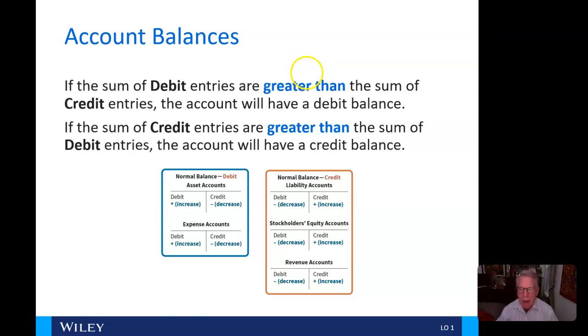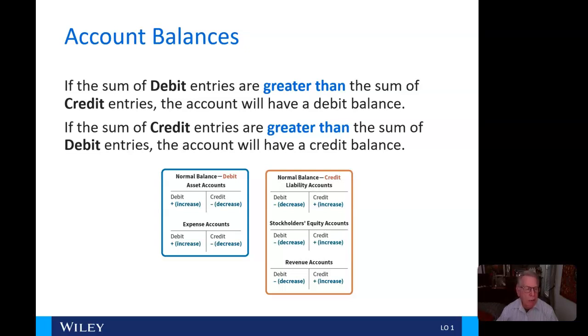And a normal balance for an asset account is going to be a debit balance, because a debit makes a left-hand side account get bigger, whereas a credit makes a left-hand side account get smaller. Expense accounts are on the left-hand side as well. Again, debits increase, credits decrease.